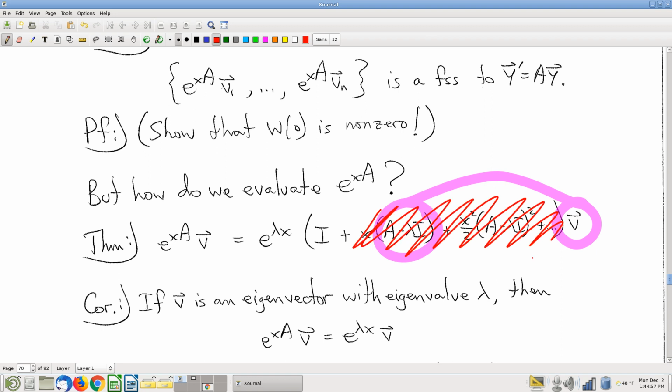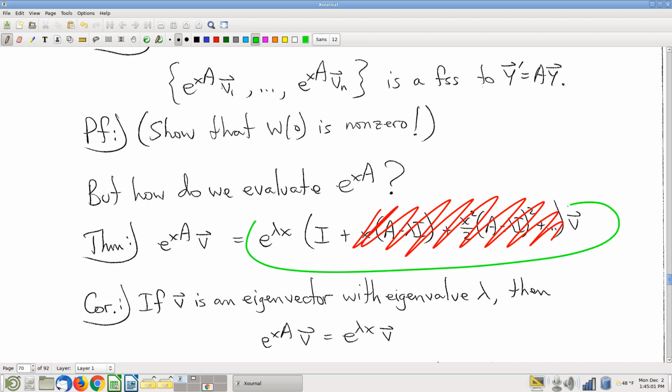What we're left with is a very compact formula for how to multiply e to the xA times an eigenvector. I'm going to refer you back to the big theorem from last time, or at some point last week, which was: if you know all the eigenvectors, then all your solutions look like this.